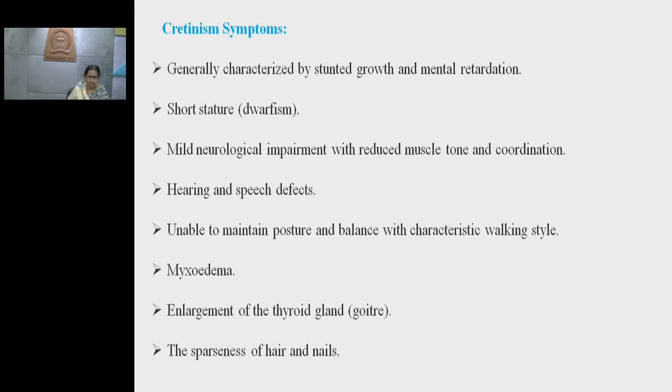Then, cretinism symptoms. It is generally characterized by stunted growth and mental retardation.